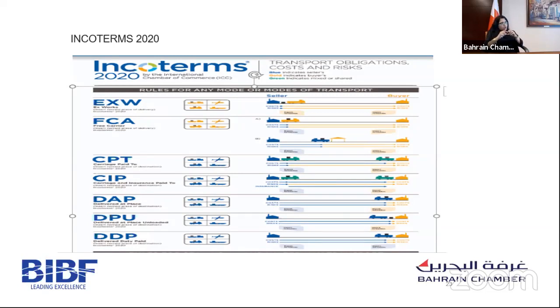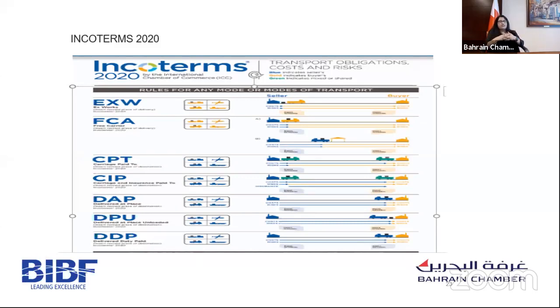So in this transportation, there are so many risks. There can be transit risk, there can be commercial risk, there can be collision risk. There are so many risks. So by opting for an appropriate Incoterm, you can reduce many of these risks.